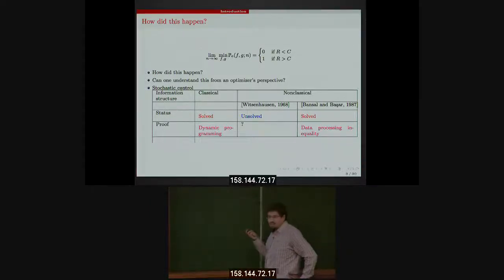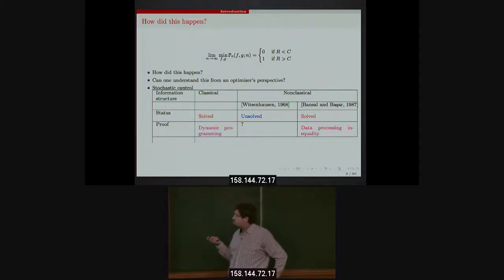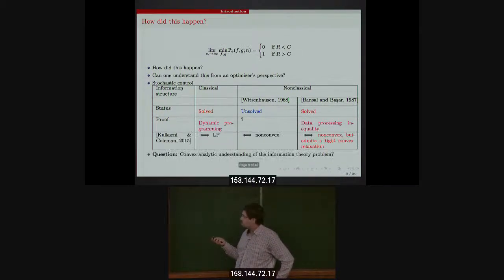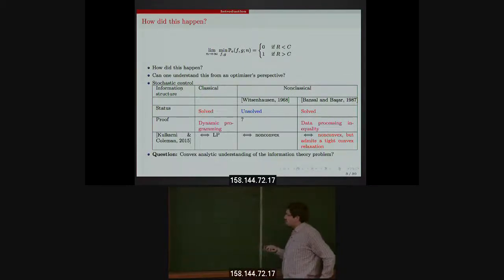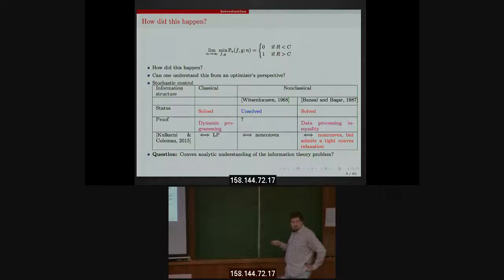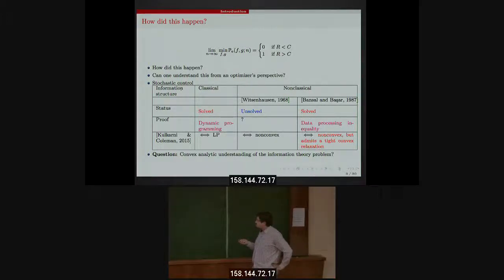And this lack of harmony is what made me wonder if there is a way to explain this from one perspective. Then when I was a postdoc at UIUC, what I observed was that all these non-classical problems are in fact, in another space, non-convex optimization problems. This problem just happens to have a tight convex relaxation. And the classical information structure problems are in fact equivalent to linear programs.